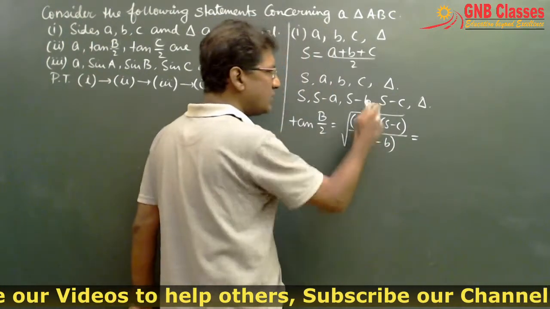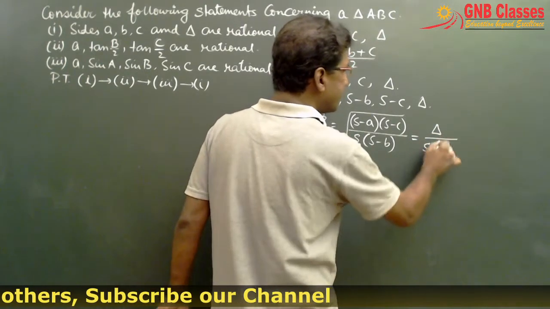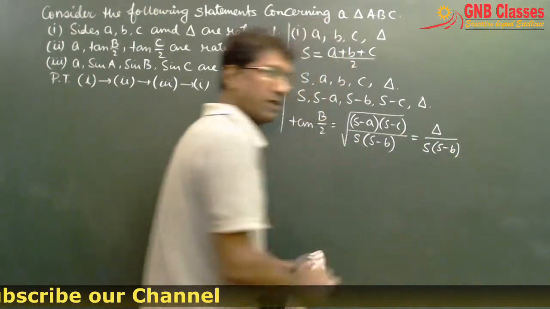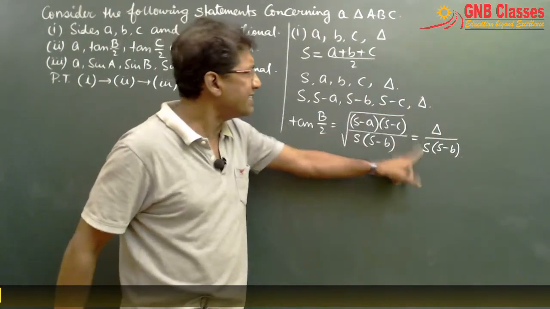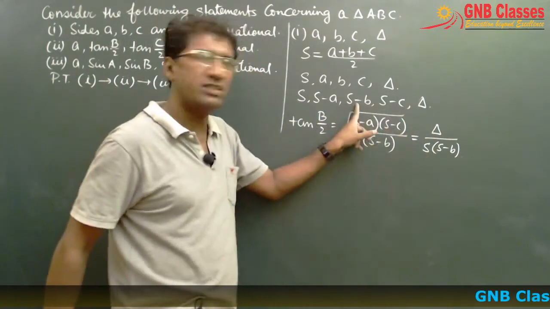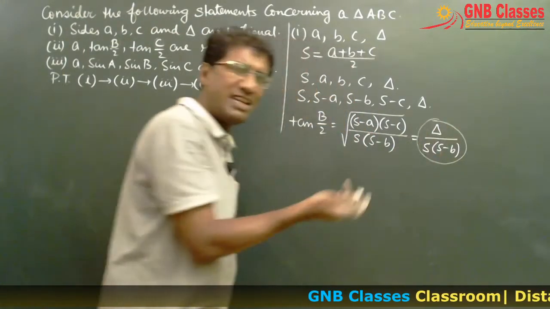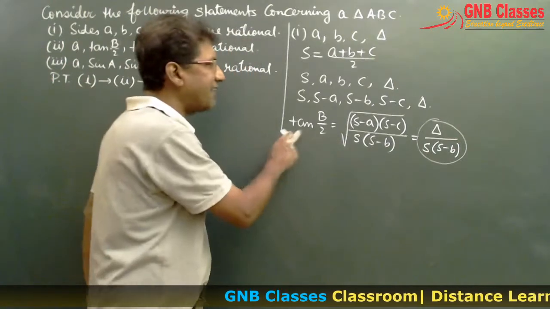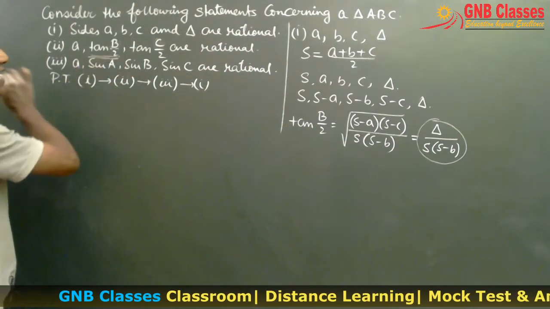If we multiply s(s minus b) in numerator and denominator, we are going to get del by s(s minus b). Is it clear? Now observe carefully. Del is rational, s is rational, s minus b is rational. Therefore, del divided by s(s minus b) is rational. That is, tan B/2 is rational. So the first part is over.